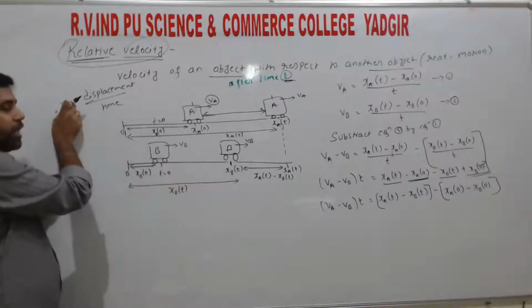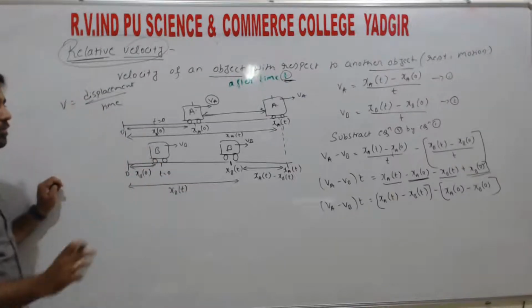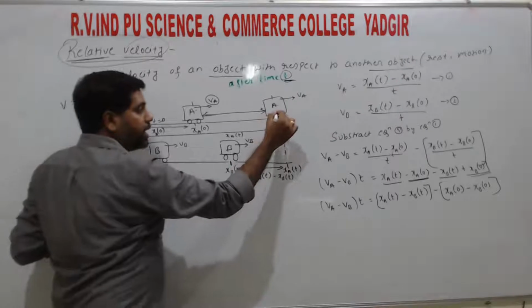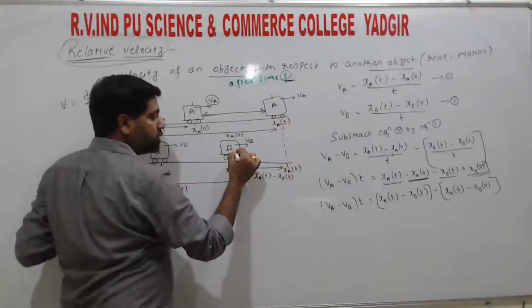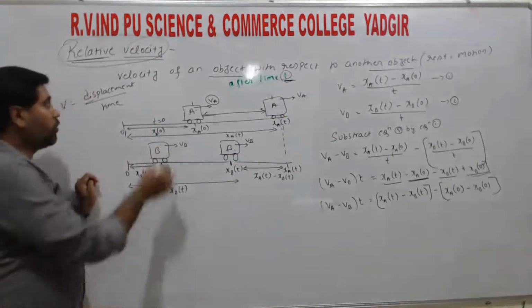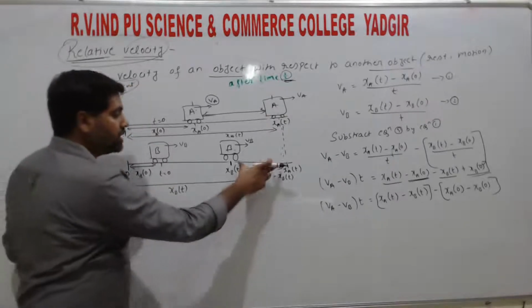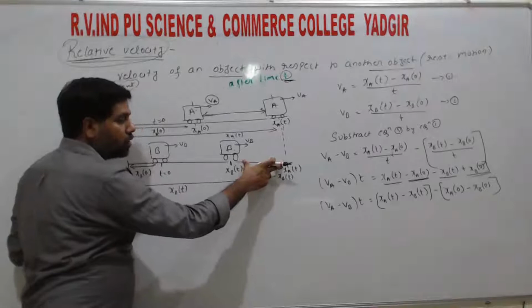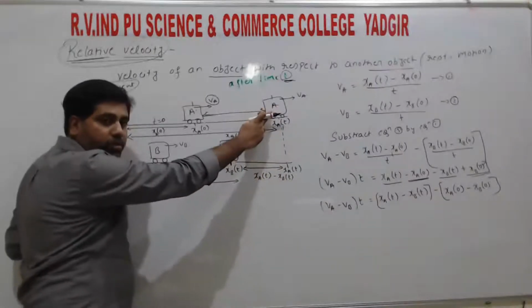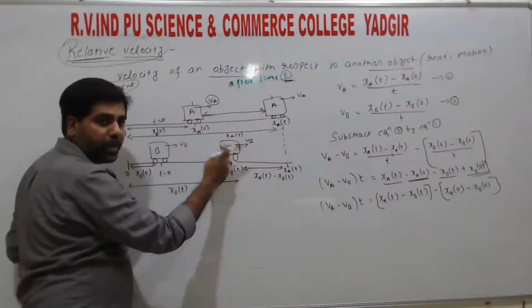So that gives VA and VB. In a similar way, we need the relative velocity of the object A with respect to object B, so we need to find the displacement. This displacement gives the relative displacement between the object A and object B.